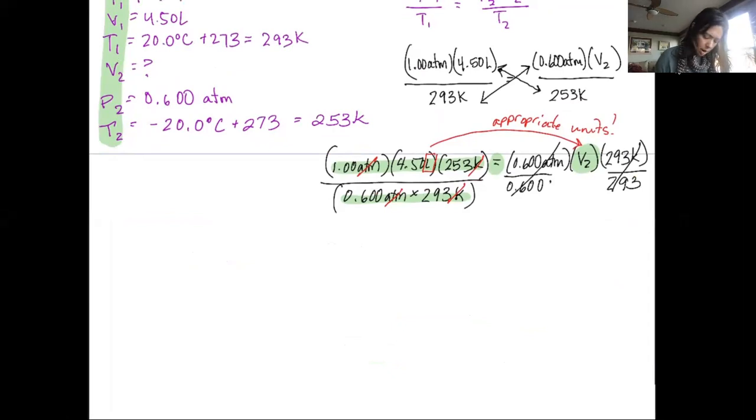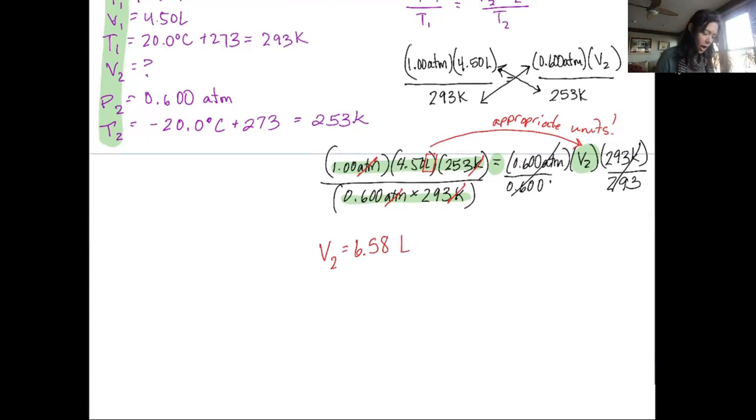All right, let's multiply the top. 1 times 4.5 times 253, divided by parentheses, 0.6 times 293, close parentheses, equals, I think I've got 6.48, which makes sense because it appeared as though we had a greater volume change than we did temperature change.